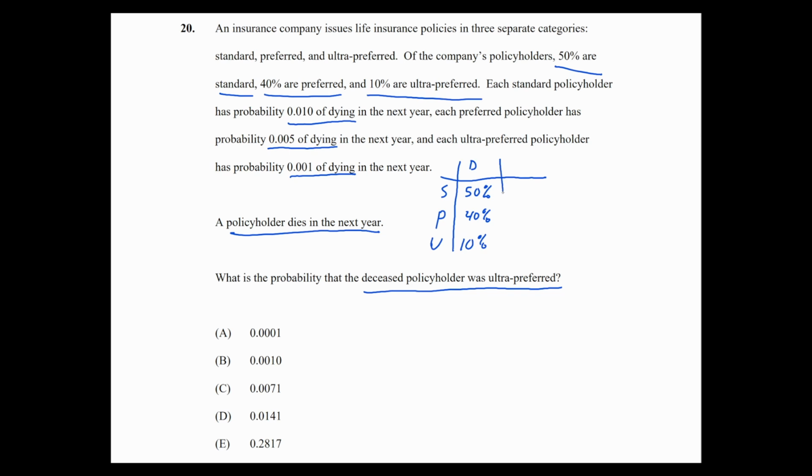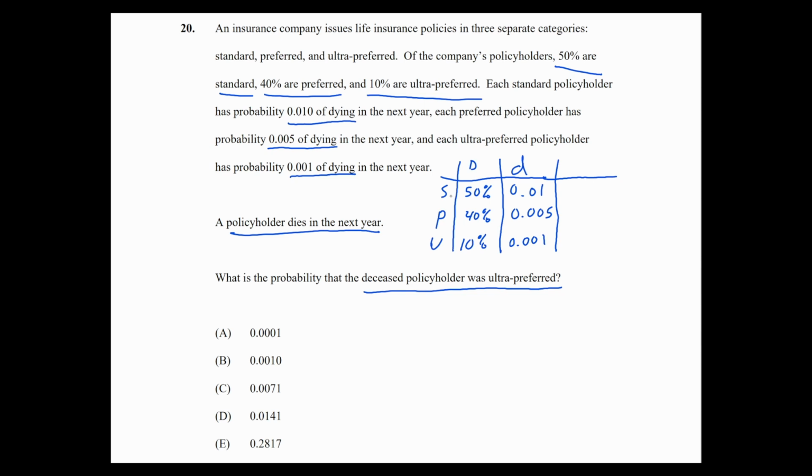And the probability of death, or dying, I'm going to denote it with a small d. And it is 0.01 for standard, 0.005 for preferred, and 0.001 for ultra preferred.